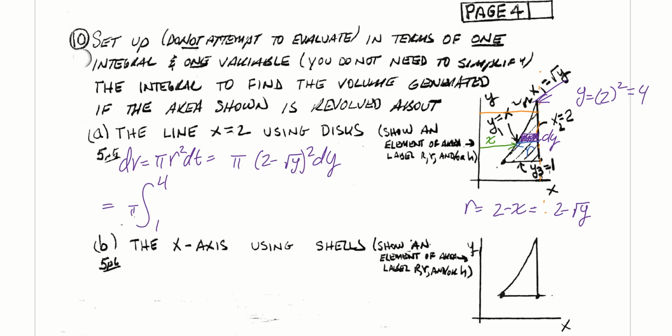All right, so that means that we can pull out our pi here, pull out all the constants we don't need, and we have 2 minus the square root of y, squared, dy. You can leave it like that if you want. It didn't say ready to integrate. If it says ready to integrate, then you do this.